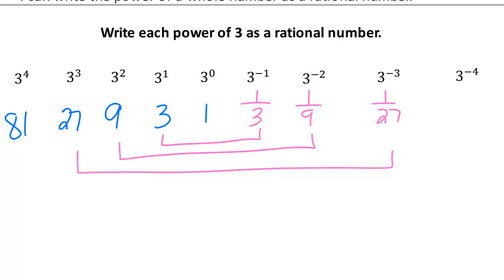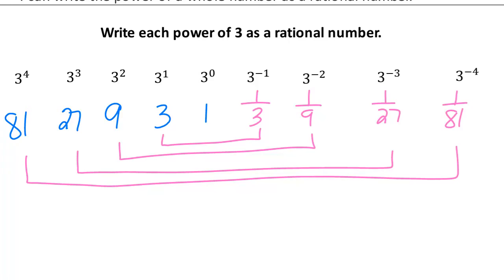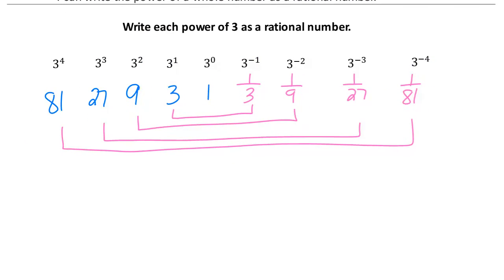And 3 to the negative 4 is 1 over 81. Good. Okay. So the negative exponent's basically just 1 over the positive exponent.